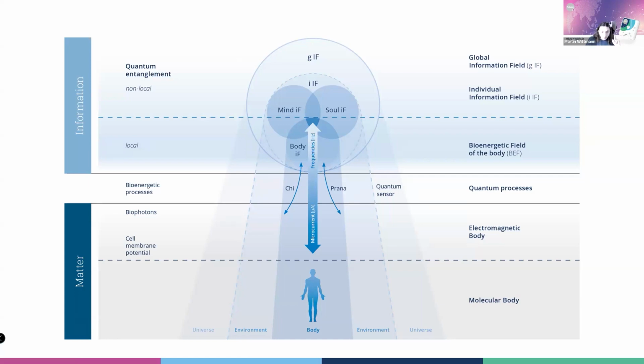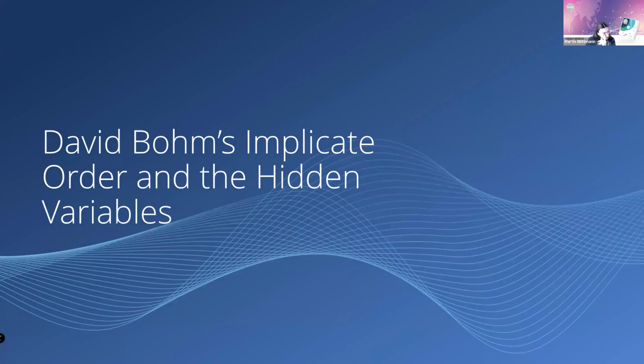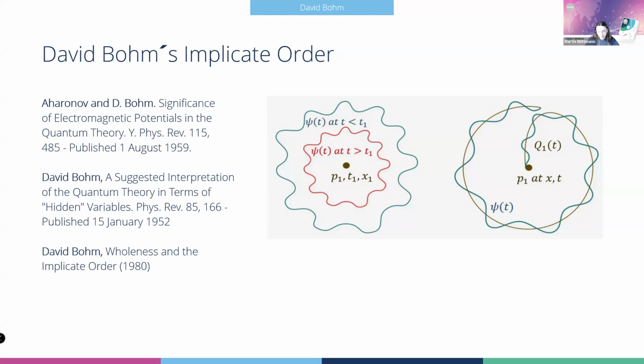So let's go on. Now, I already mentioned his name, David Bohm, and David Bohm's implicate order and the hidden variables. And this is the second most important slide of this presentation about the information field. And that is the, let's say, classical or conventional interpretation of the quantum theory. And on the right side, we have the unorthodox interpretation of David Bohm.